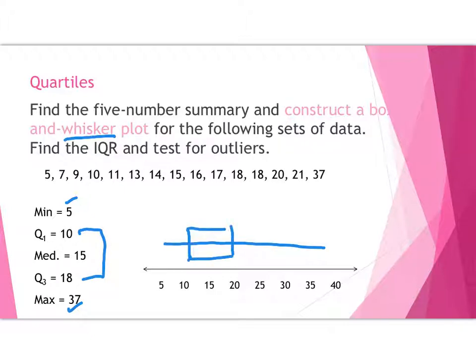It's going to be centered on the whisker, not sitting on top of it or hanging from it. And the median is going to split the box into 2 pieces, not necessarily equal pieces, just 2 pieces.